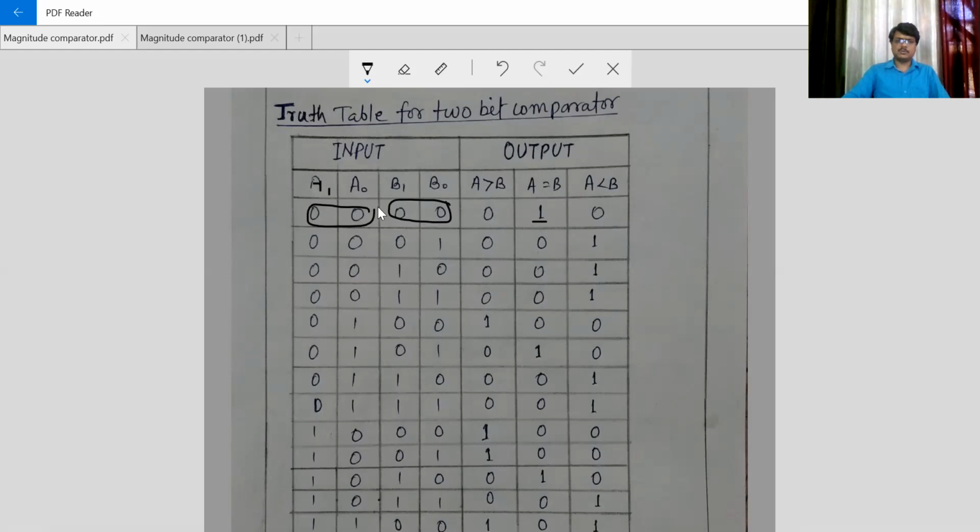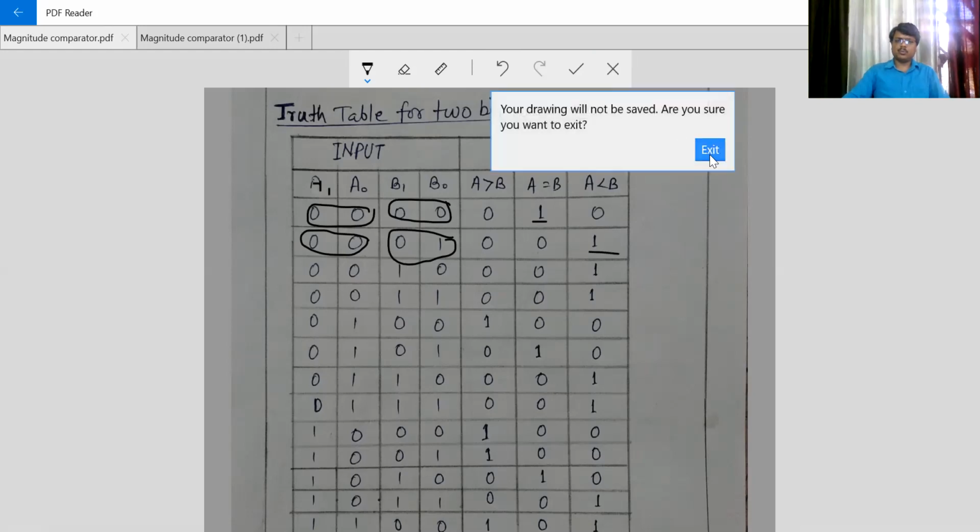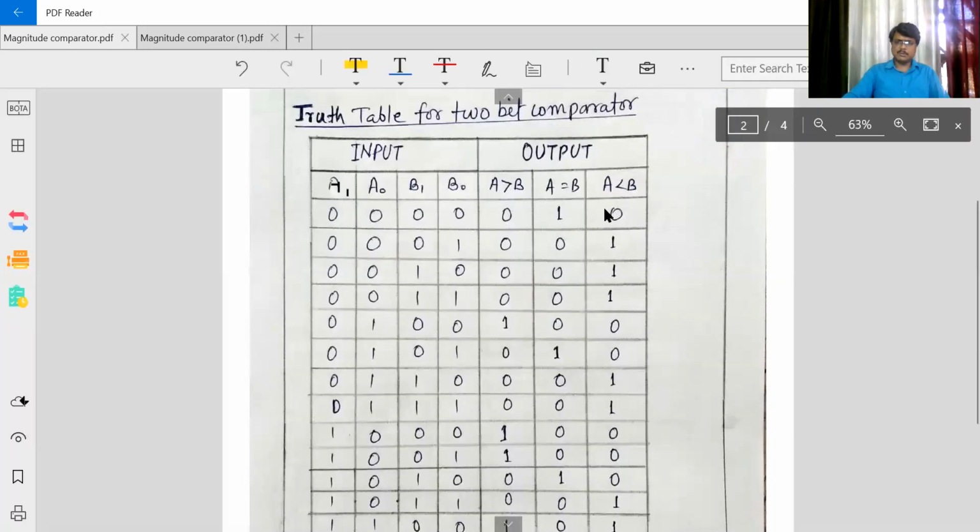And for the second number, this is A and this is B. So 0 0 and 0 1, which one is greater? B is greater than A, or A is less than B, so this will be high. Only one of these will be high at a time.